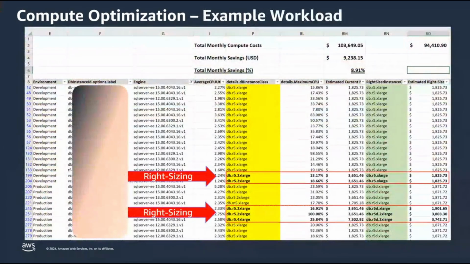But here is a list view. I told you about the actual workload. So here what I did is when we looked at the CPU consumption of this actual example, we identified a few servers, there are 5 highlighted there, that we can downsize to at least half. So we basically changed them from 2xlarge to xlarge on both sides.